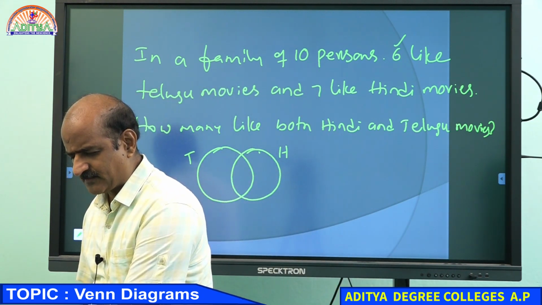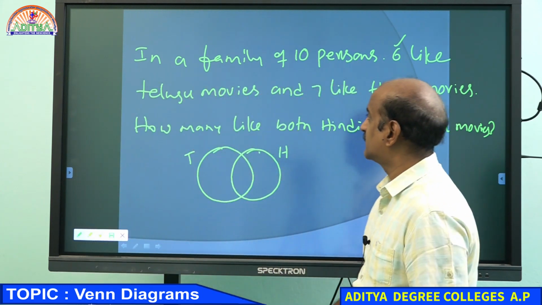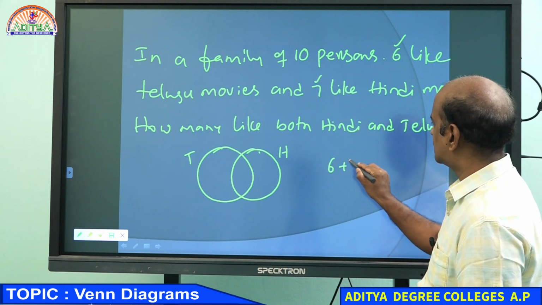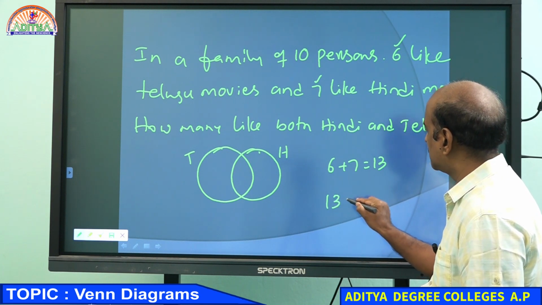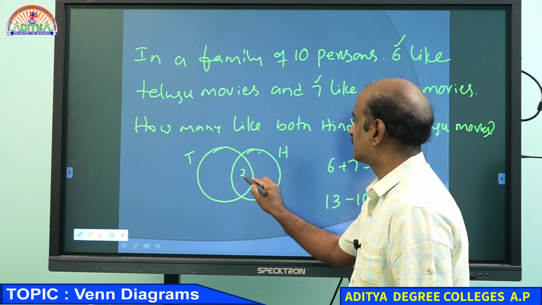So that is the reason why we make use of Venn diagrams. Students, if this is the case, 6 plus 7 is 13. But actually we have 10 people altogether, hence this particular 3 should be taken in the middle.